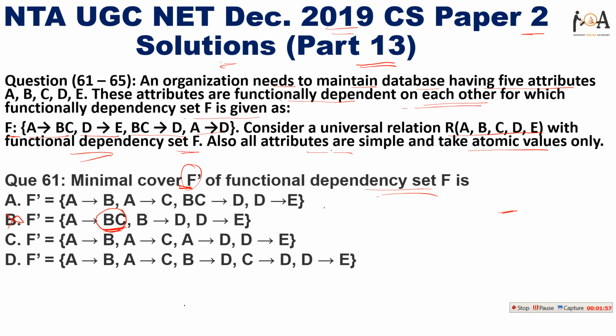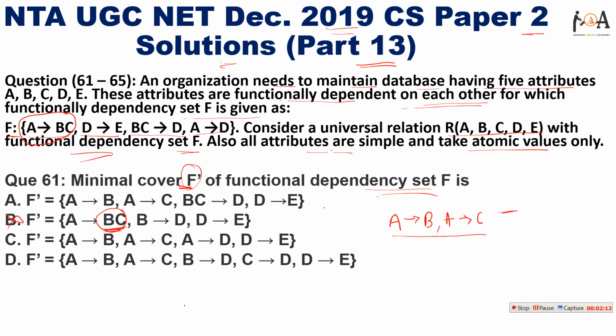Now let's start with the functional dependencies. A derives BC, it means A is deriving B and further A is deriving C. So for minimal cover, A derives BC, I write down like this.